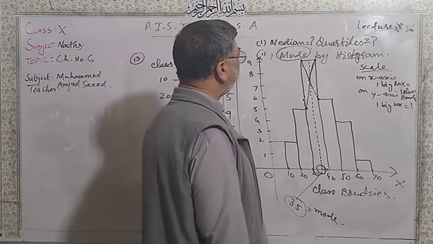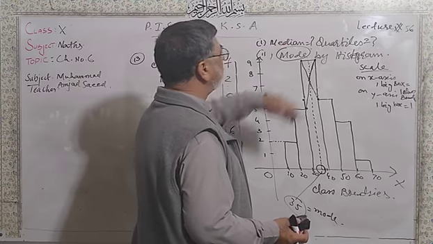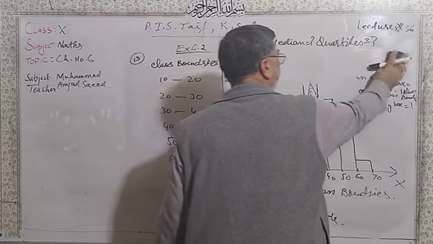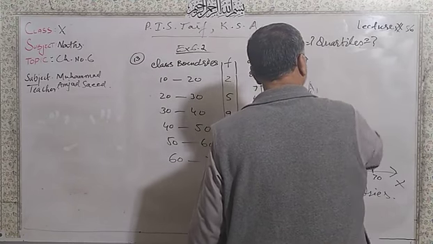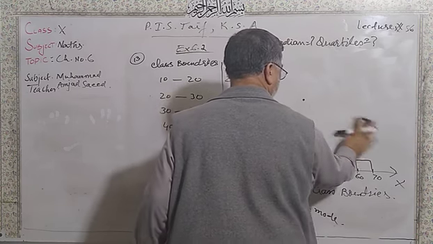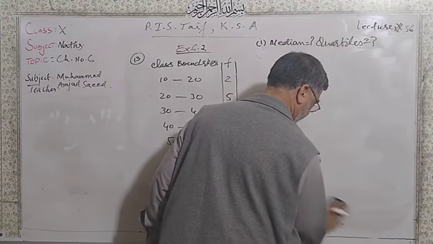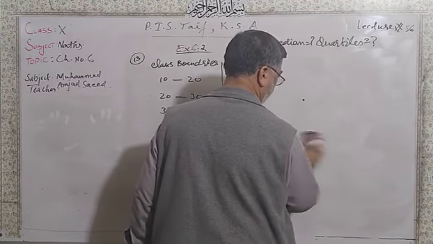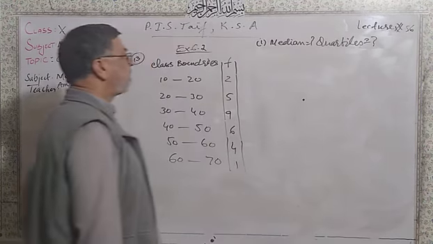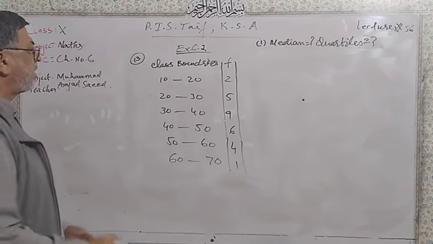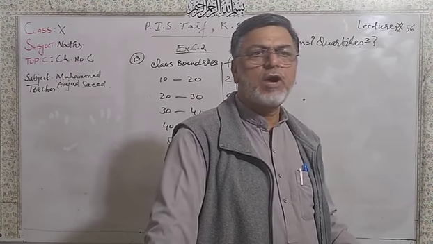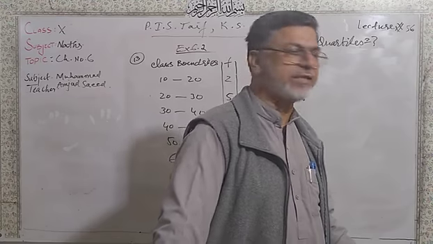After that, we have to find the median and quartiles. Now, first of all, we must understand what the quartiles are. Basically, quartiles are quarters. Quarter means fourth part.